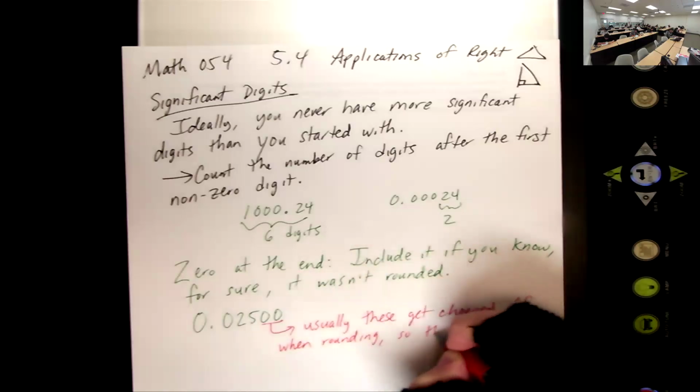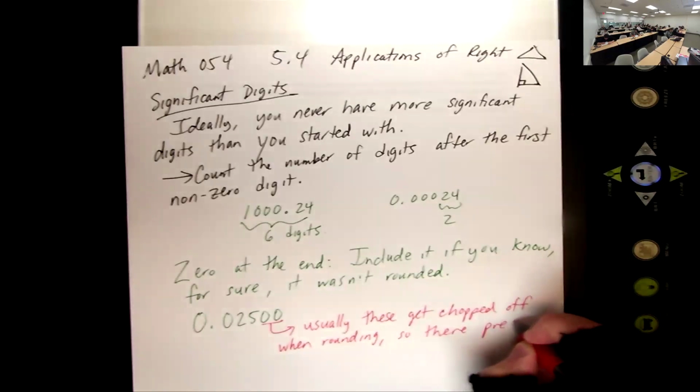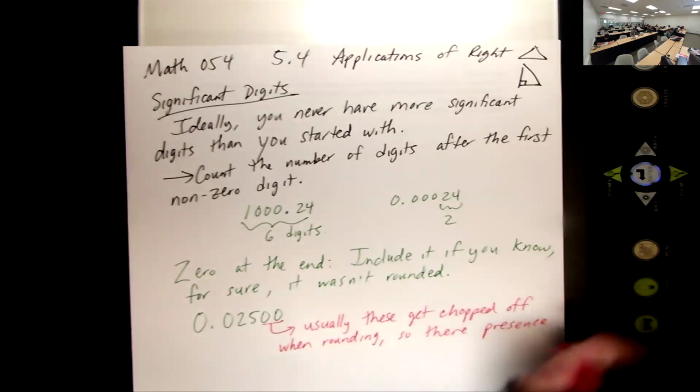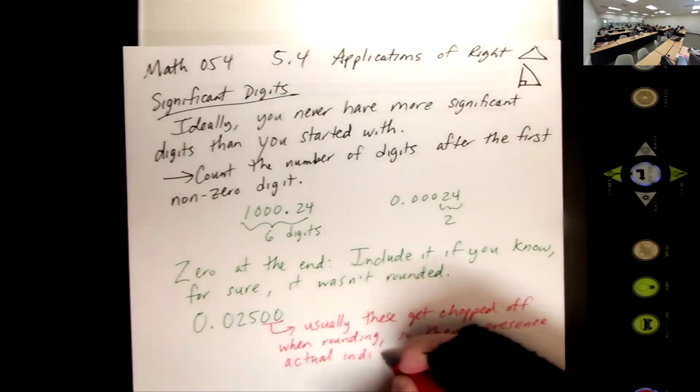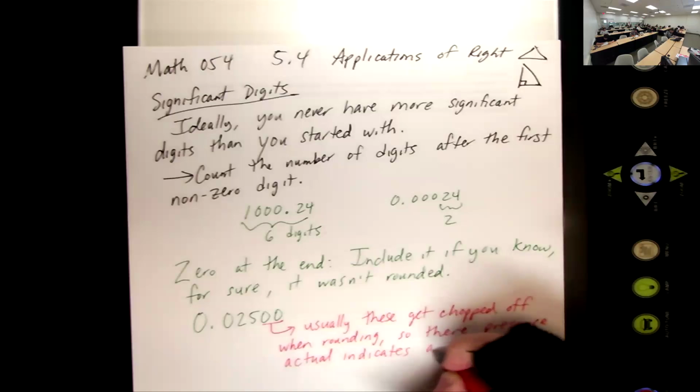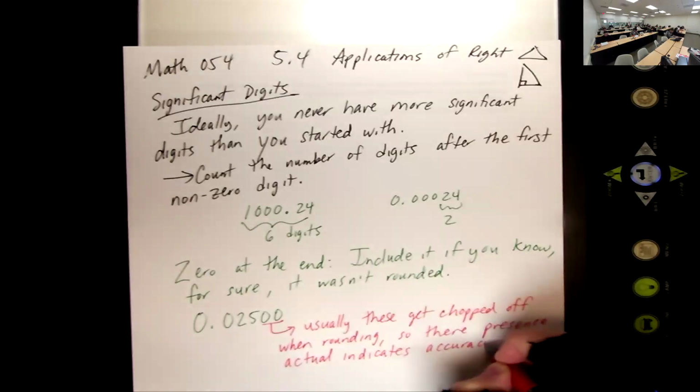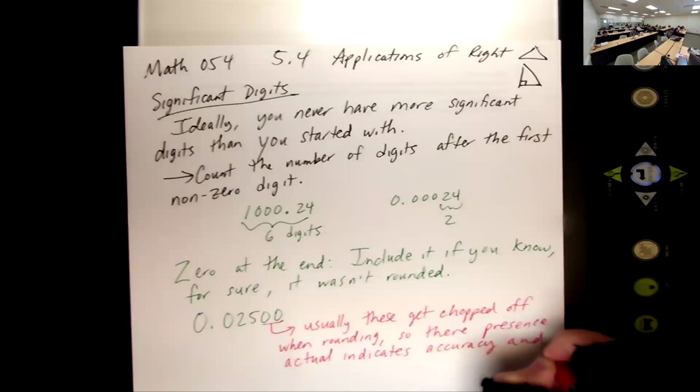So their presence actually indicates accuracy, and should be included.